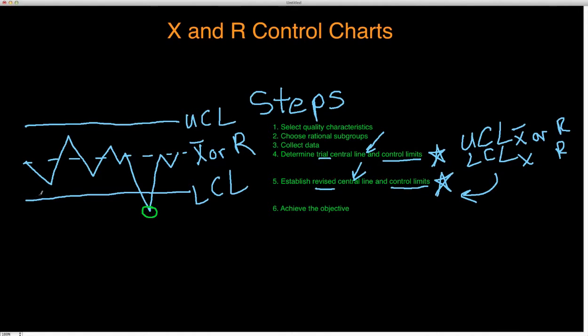After we're finished revising the control limits, most likely they will be scrunched up and down. And the central line, once it's revised, will be different than what we got with the trial central line.